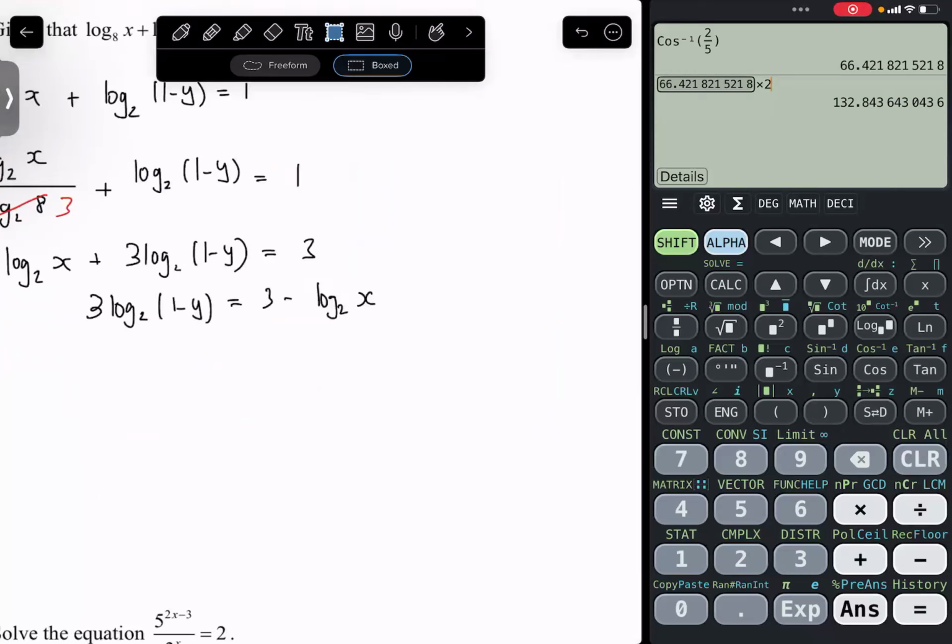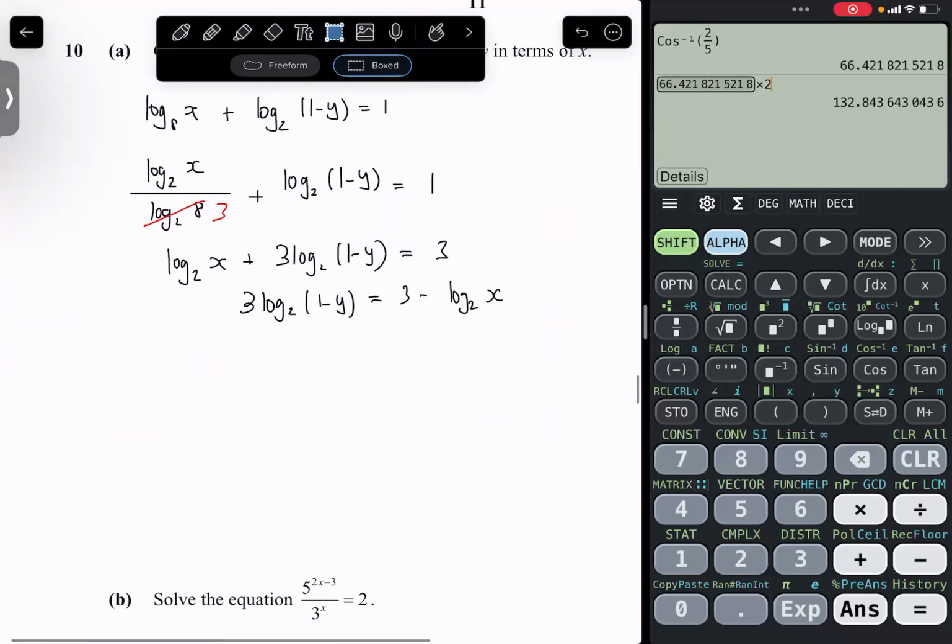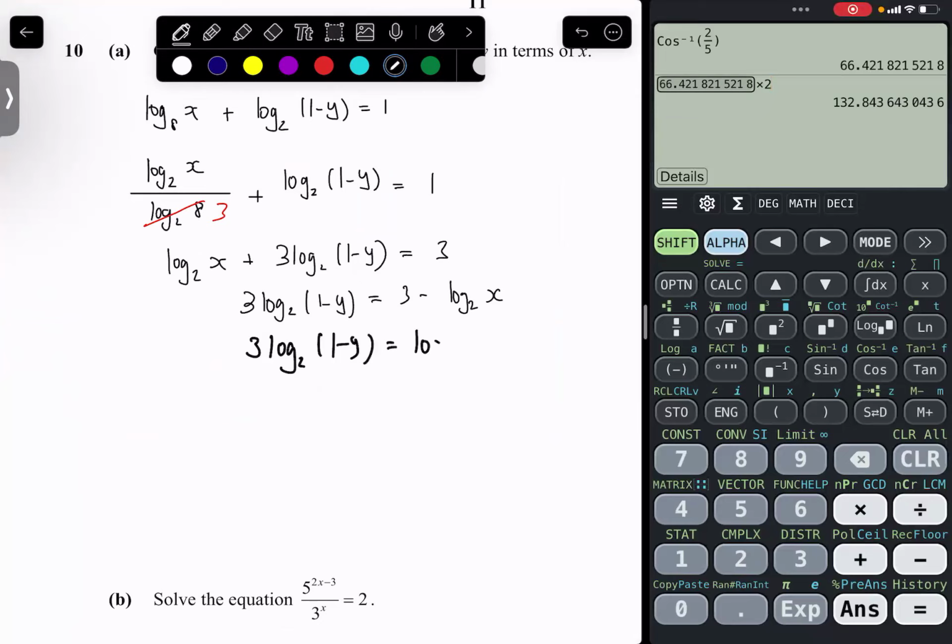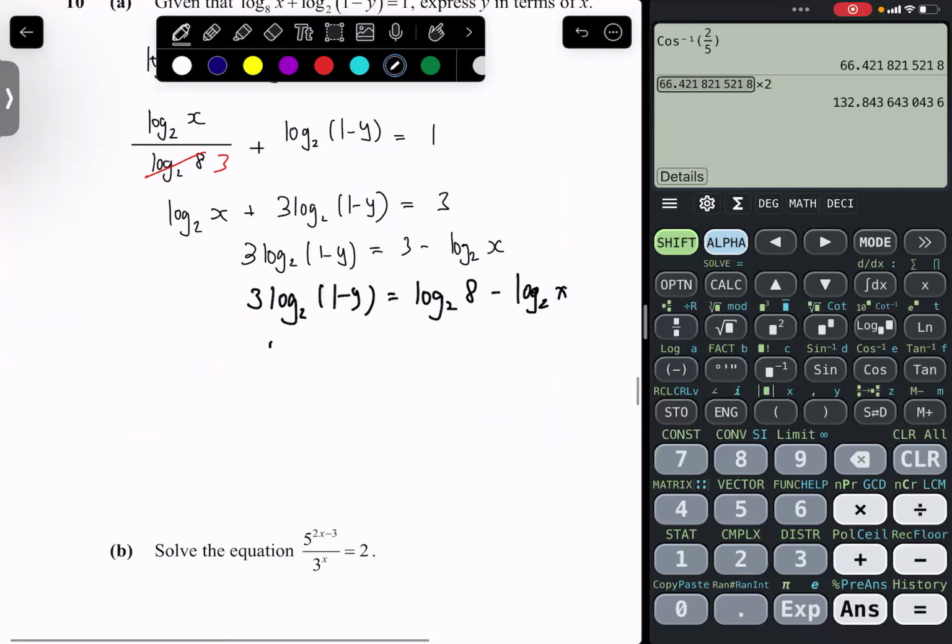Now, what is 3? In order to cancel, both sides must only have a single log. So 3 equals log base 2 of 8, so this is log 8 minus log x. Combine the logs: log base 2 of (1 minus y) cubed equals log base 2 of 8 over x.